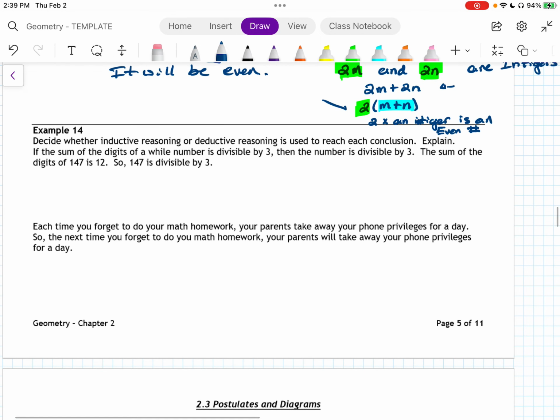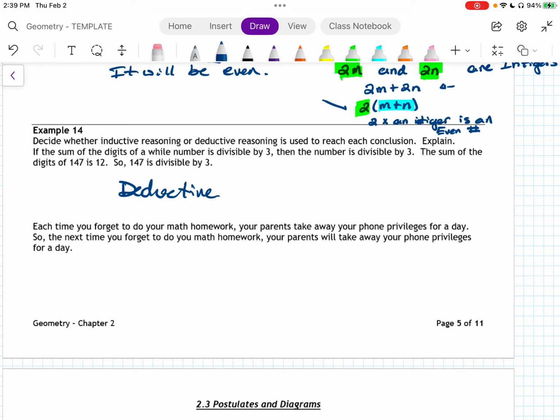Decide whether inductive reasoning or deductive reasoning is used for each statement. Then explain. If the sum of the digits of a whole number is divisible by 3, then the number is divisible by 3. The sum of the digits of 147 is 12, so 147 is divisible by 3. That is going to be deductive reasoning because it used the laws of logic.